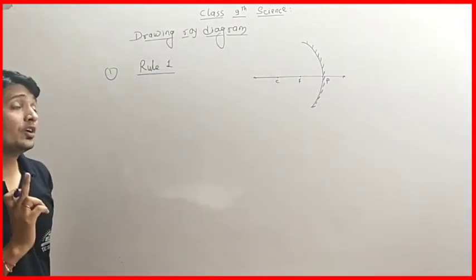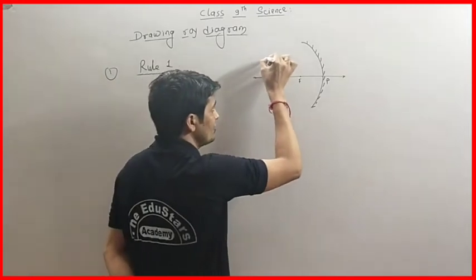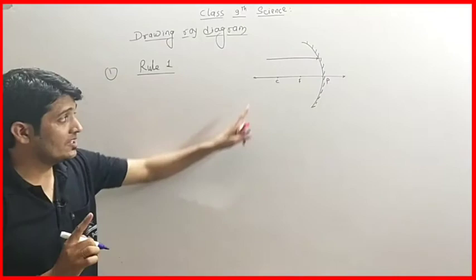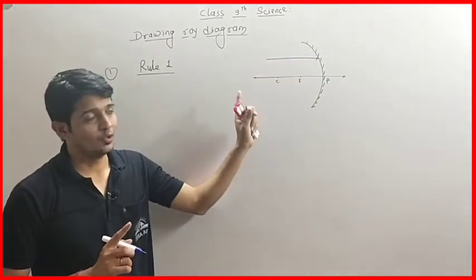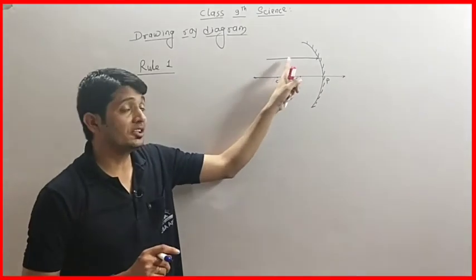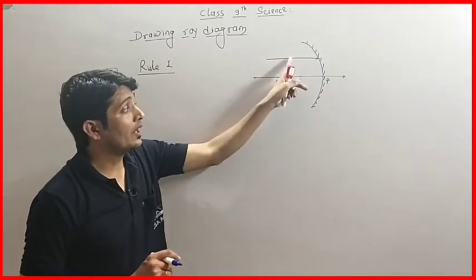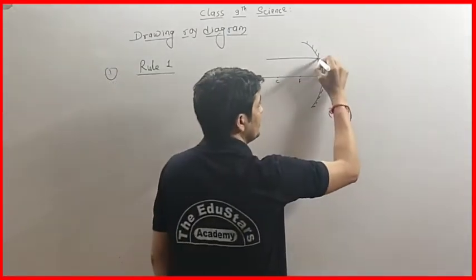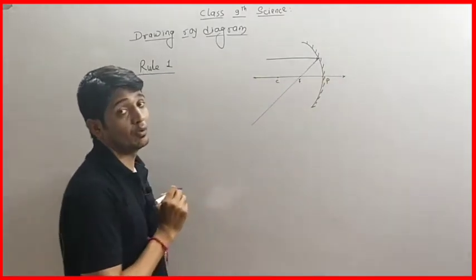So the first rule says, when light rays are incident on the mirror parallel to the principal axis, this line is nothing but the ray incident on the mirror parallel to the principal axis. Then after reflection, this light ray passes through the principal focus.